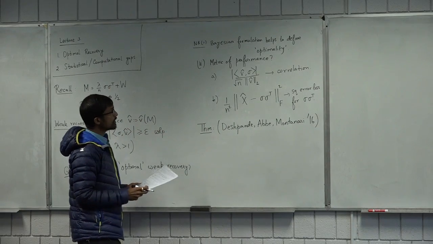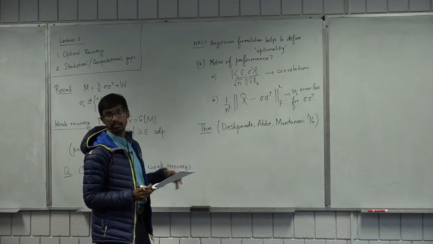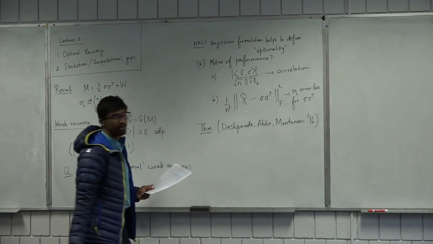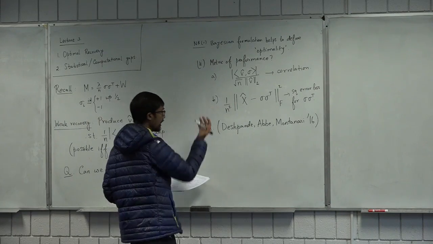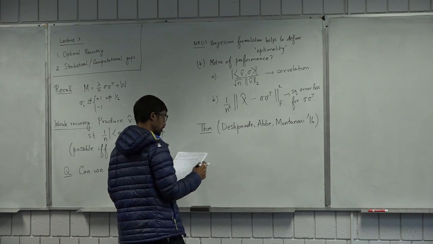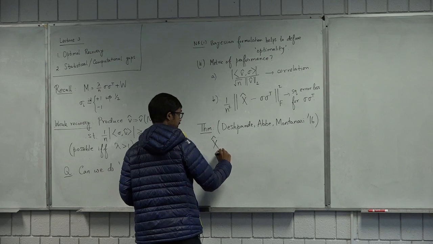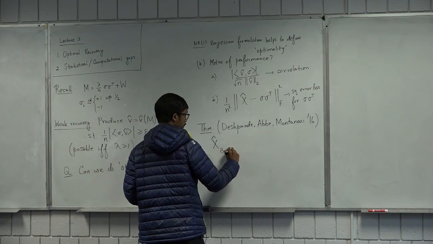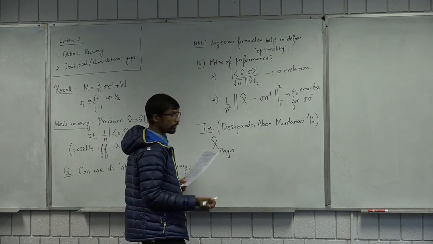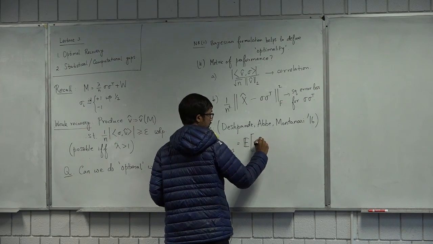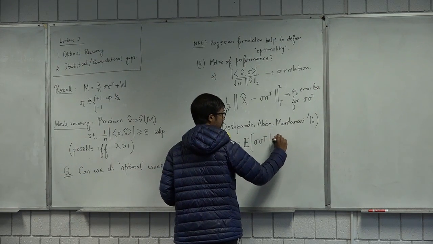They essentially characterize what would be the Bayes optimal performance under a wide variety of metrics, including the two I have here. Just to state one of the results, for example, x hat Bayes: if you look at the squared error metric, then this is nothing but the posterior expectation of this rank 1 matrix given your data.